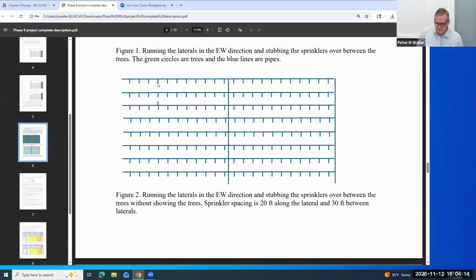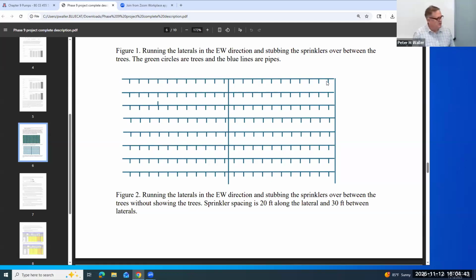So I have 1, 2, 3, 4, 5, 6, 7, 8, 9, 10, 11 sprinklers on one side of the submain. This is the submain supplying the laterals. So with 11 on each side, I have 22 sprinklers, 6 meters apart. So 22 times 6 would be 130, so I have 130 meters if I had this design.